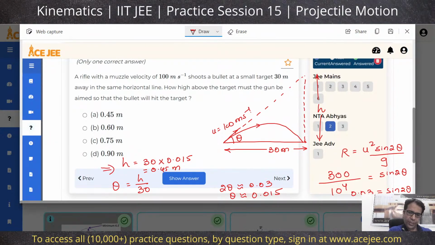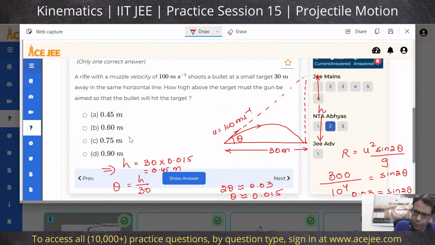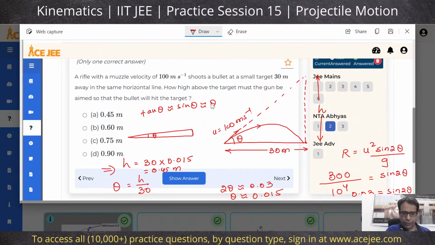So this is how it looks for very small thetas. You can also use the angle equals arc length divided by the radius of curvature. Either way, for very small theta, tan theta is approximately equal to sine theta, which is approximately equal to theta. That's what we have done. Is that clear?